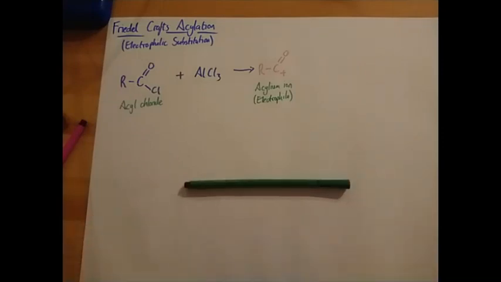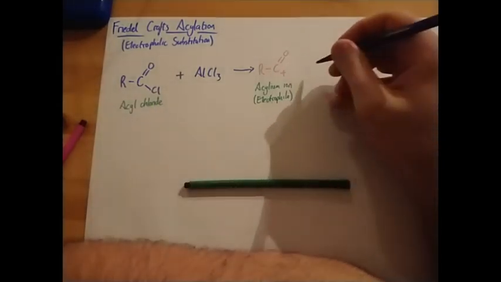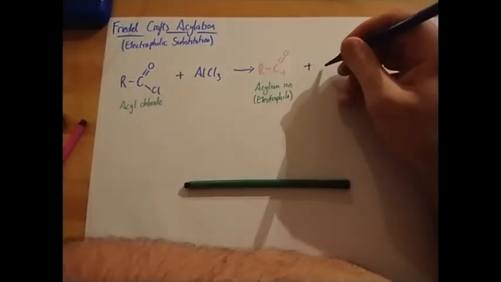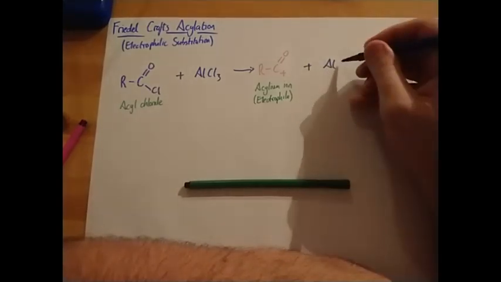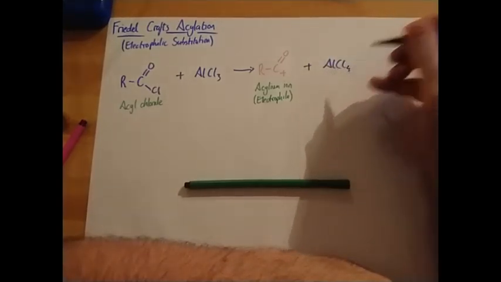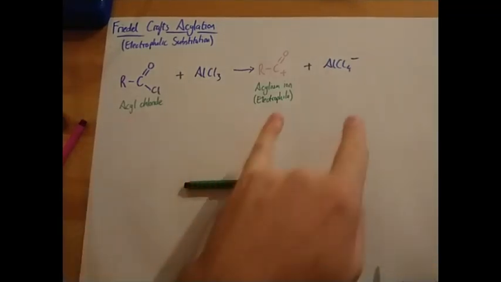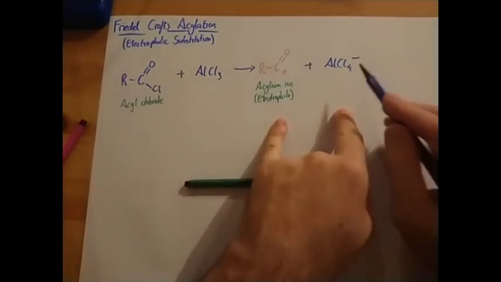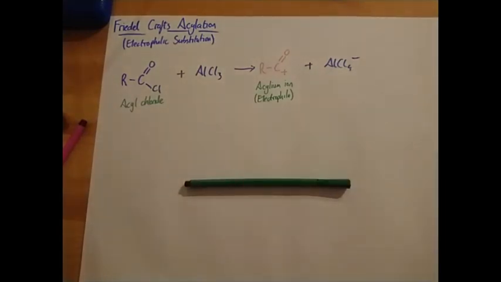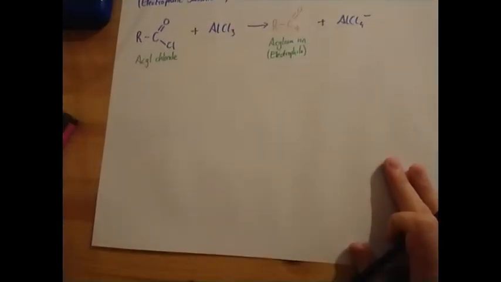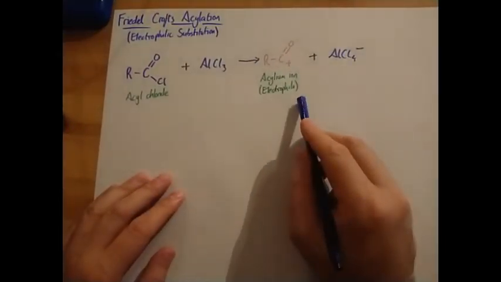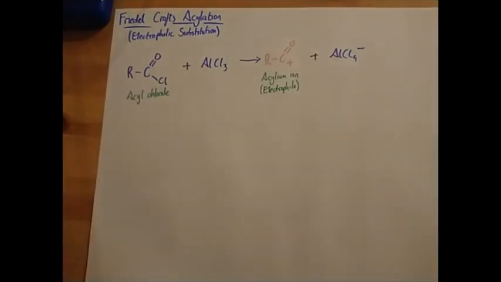Now, the chlorine over here, that joined the AlCl3, and it took the pair of electrons with it. Because it's taken a pair of electrons, we're going to give that a negative charge. So this side's got no charge, this side also has no charge because the minus and the plus cancel out. So that's how we make the electrophile in Friedel-Crafts acylation.